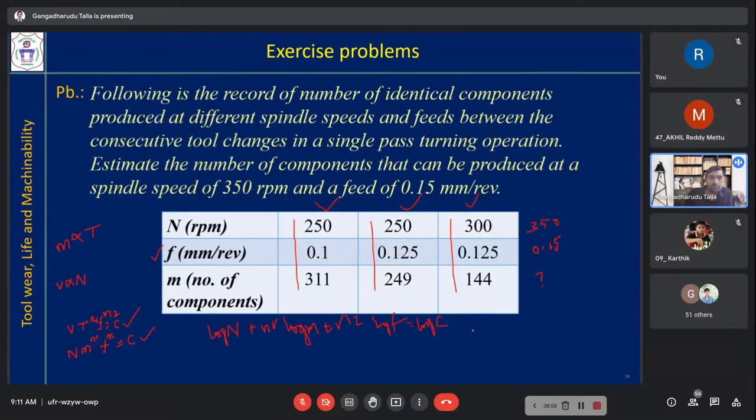Let me know if you have found these values, please tell me. n1, n2, and C. So all of you should do. Only one or two are responding. Others should also do, because if you do it here, your work is done. You will remember this.